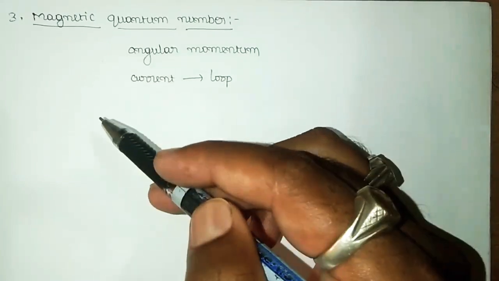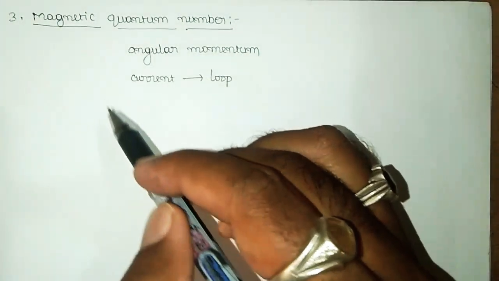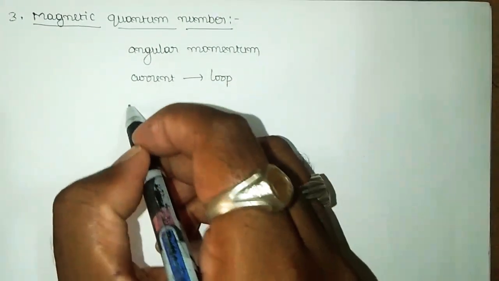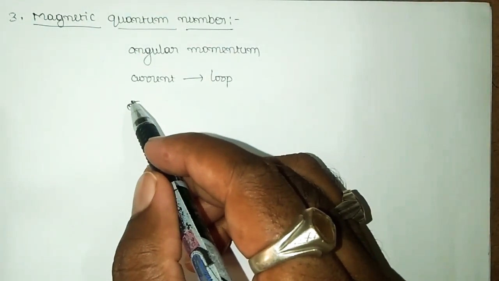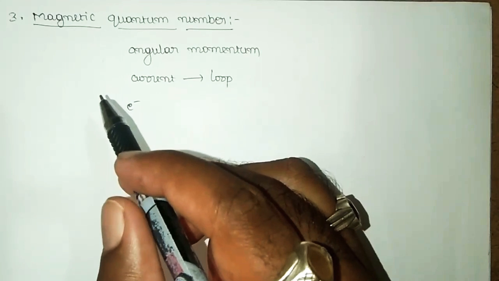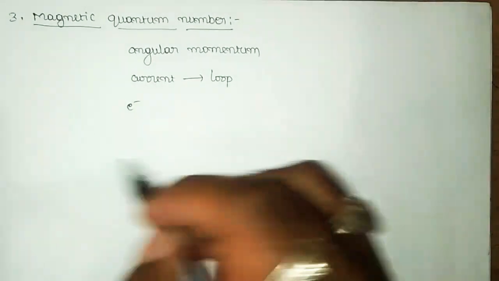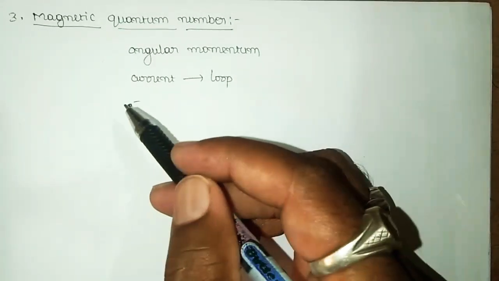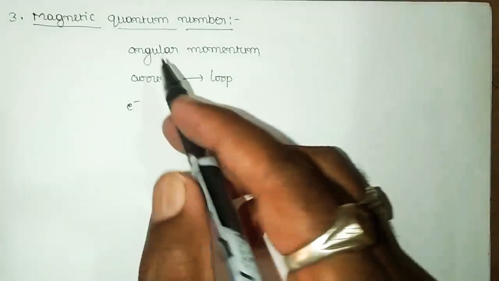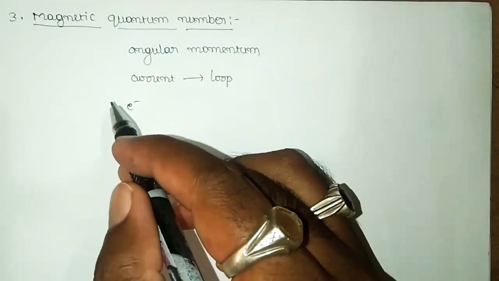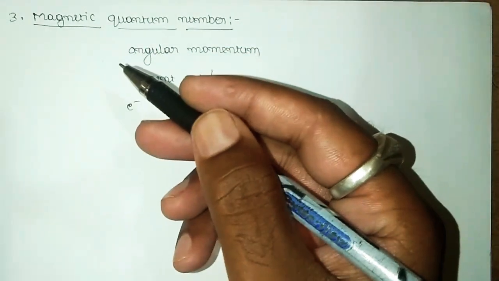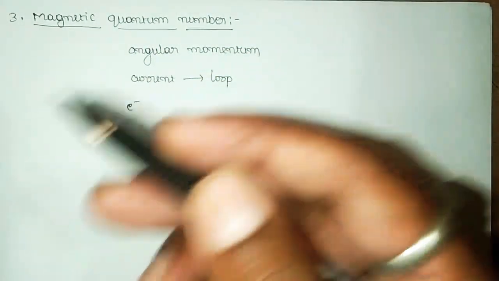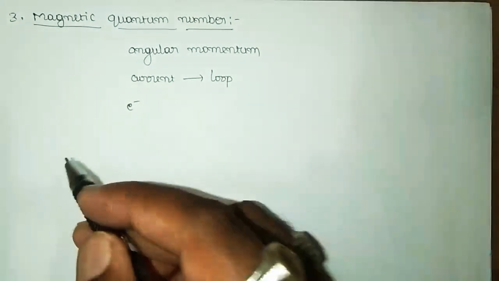Because of the interaction between the magnetic field generated by the electron and the external electric or magnetic field, the electrons in a particular energy level, or we can say in a sub-energy level, will orient themselves to certain regions.